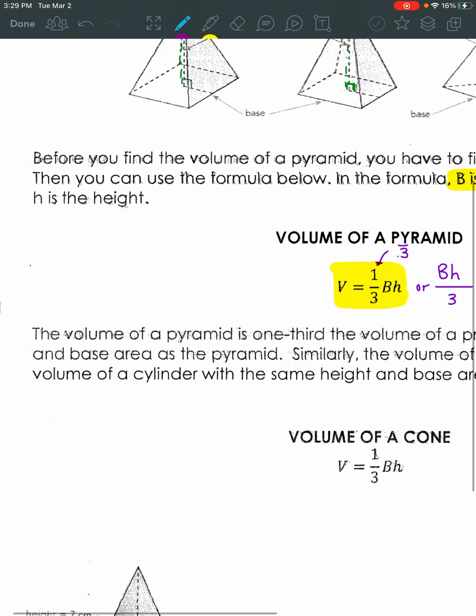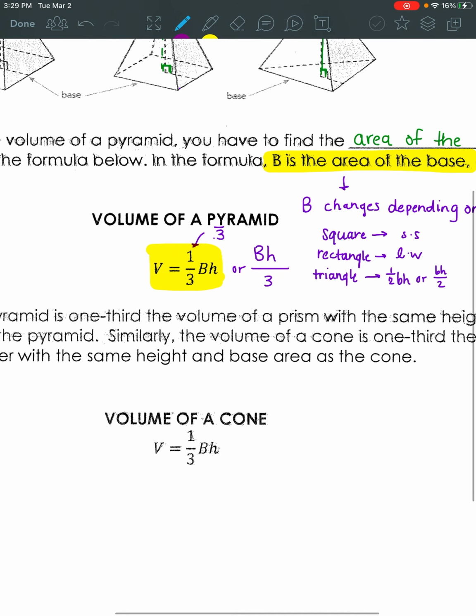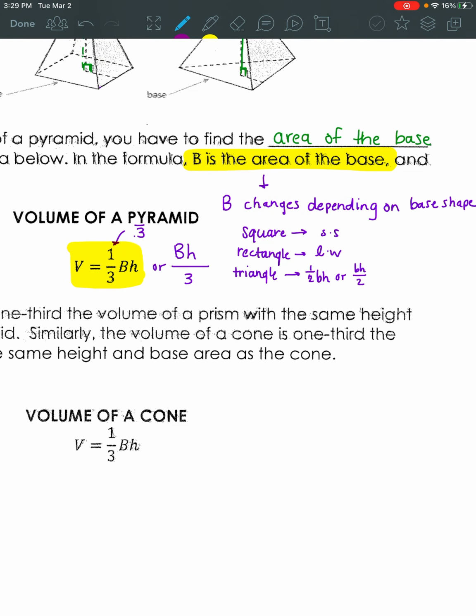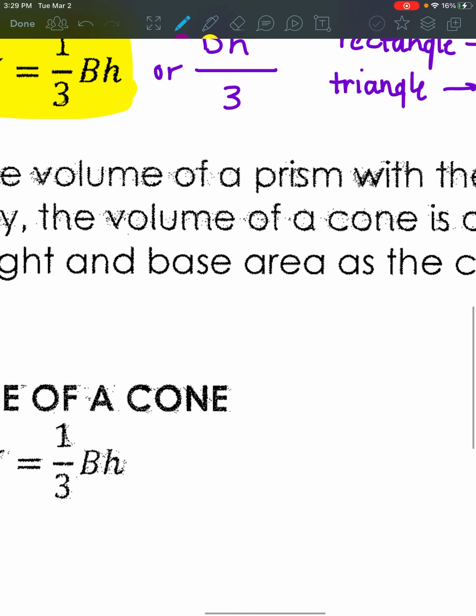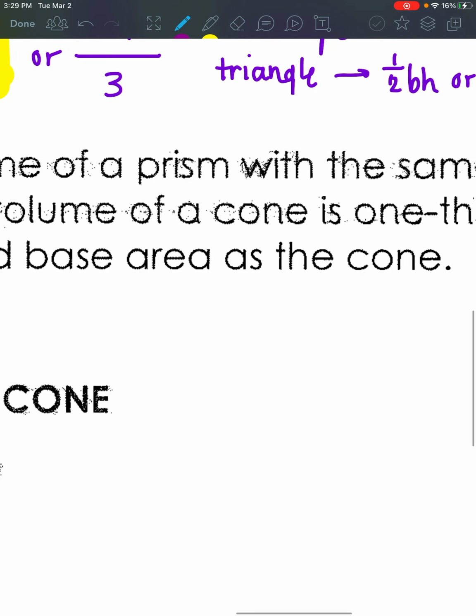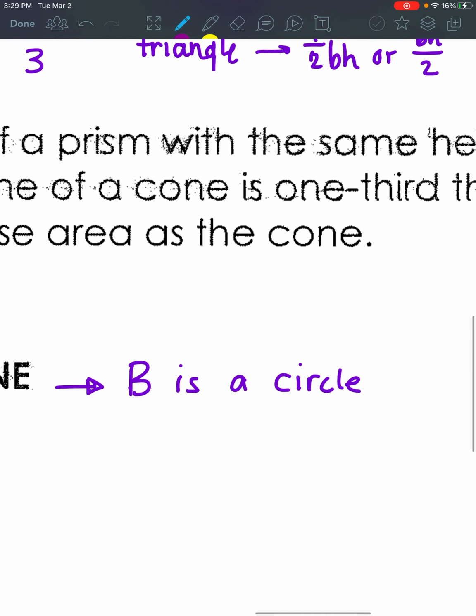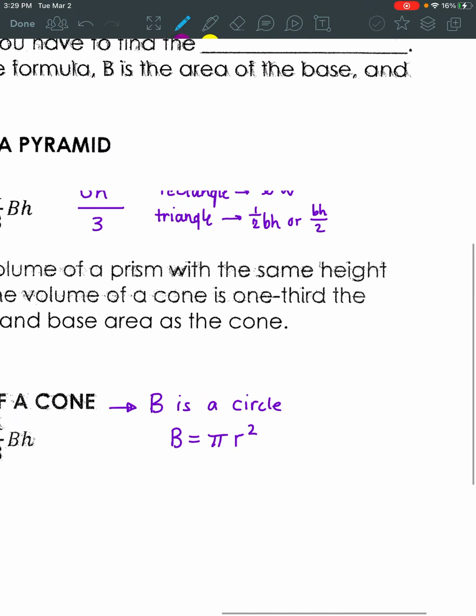Same thing for the cone. It's the same exact formula, except for the cone, the base shape is a circle. So that capital B in this formula represents pi r squared. The base shape in a cone is always a circle, so the capital B in this formula we're going to change to pi r squared.